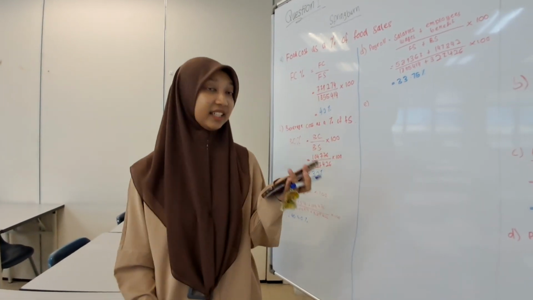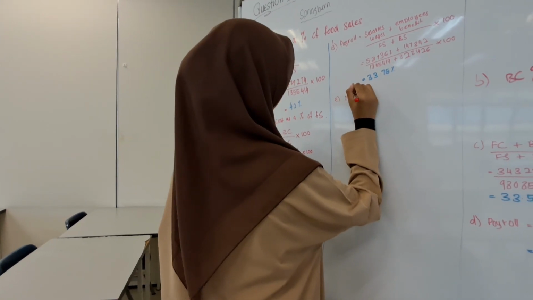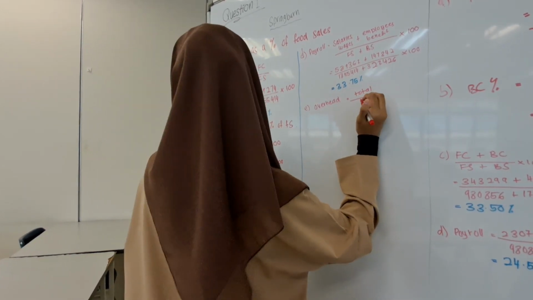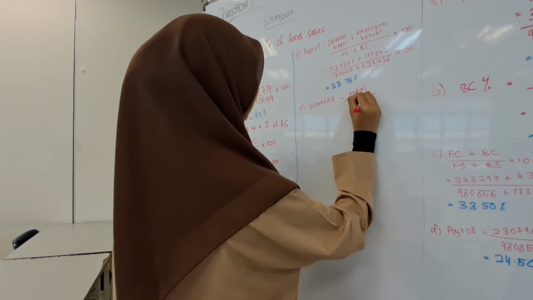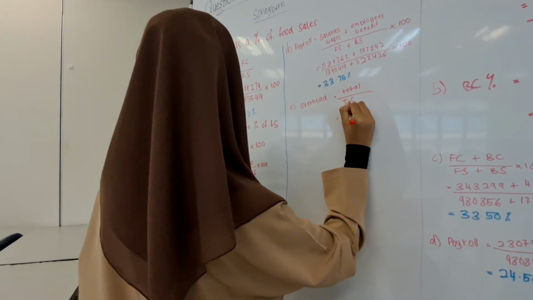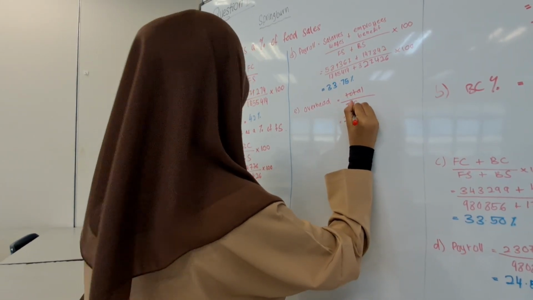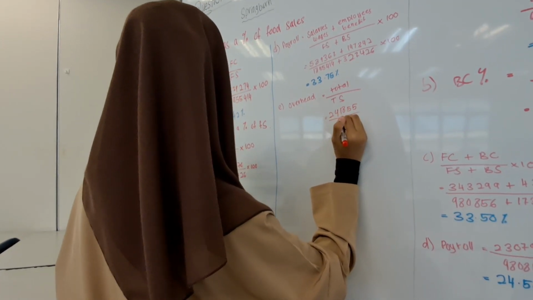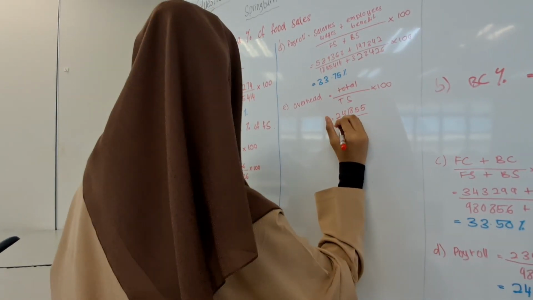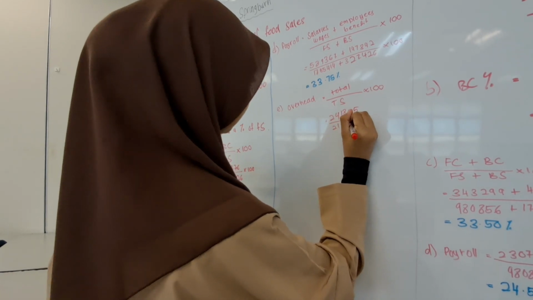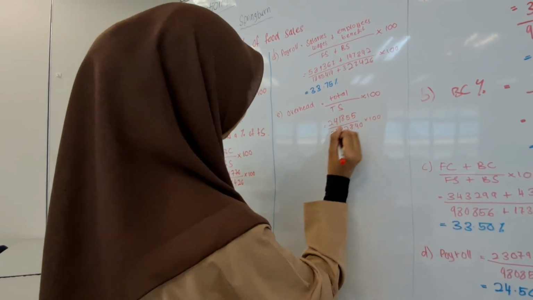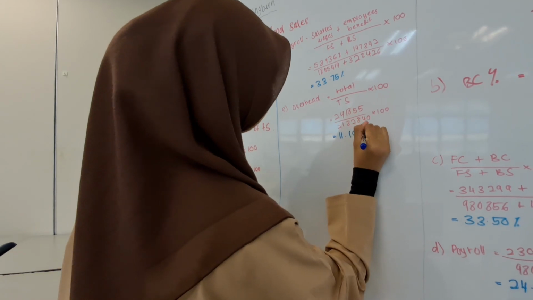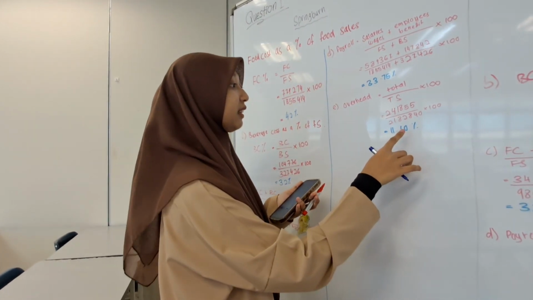For question E, we need to find the cost overhead. So the formula for cost overhead is total that's given in the question divided by total sales. So we get the answer is 11.10%.